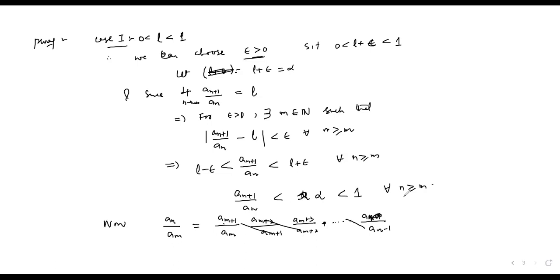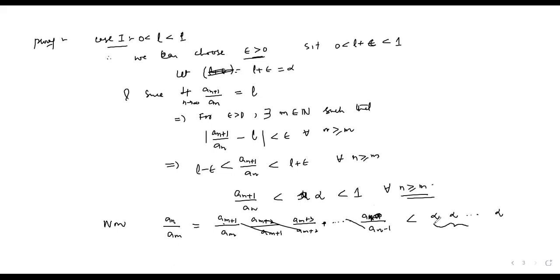Now we know that if n is m or bigger, which it is here, it is either m plus 1, m plus 2, right? So these numbers are all bigger than or equal to m. So in that case, all of these ratios, a_{m+1} by a_m and so on, must be less than alpha, alpha, up to alpha. And how many terms are there, from m plus 1 to n?